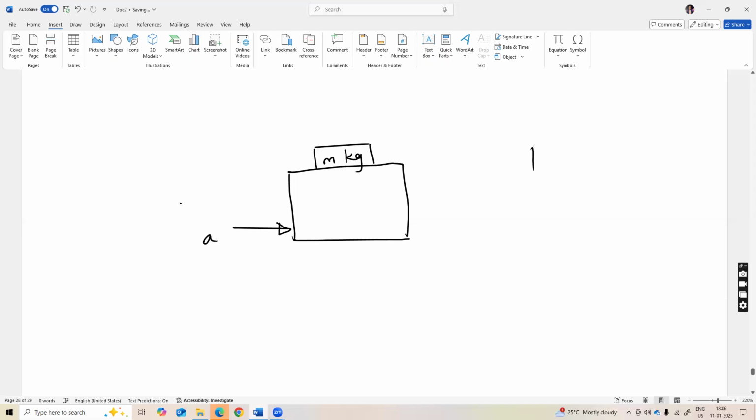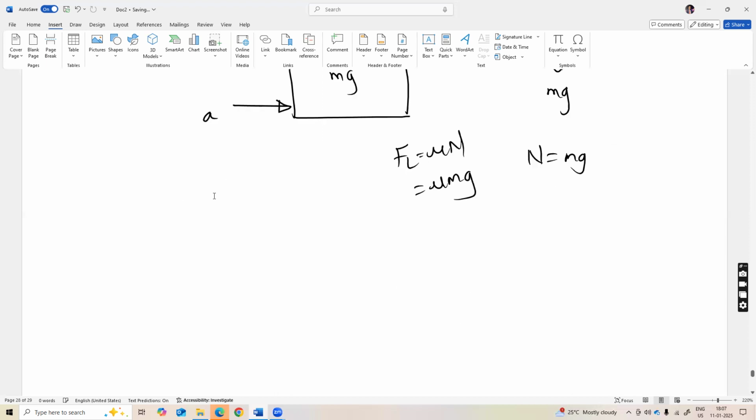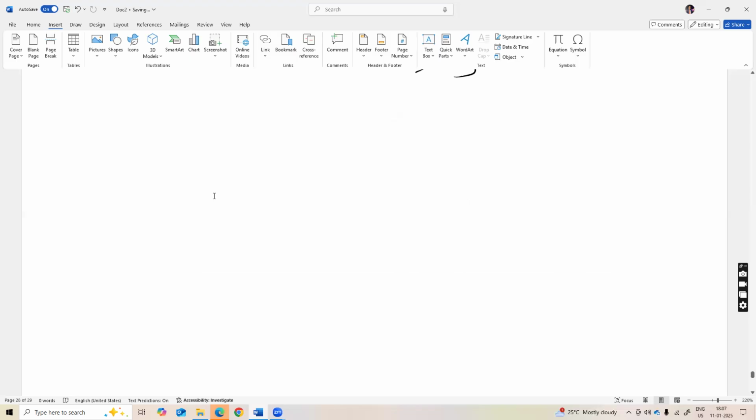If you consider this mass m kg and apply the concept of pseudo force, the force of ma will act in the opposite direction. Normal reaction is only provided by the weight of this object. So if N is the normal reaction, it is equal to mg in this case. Limiting frictional force depends on normal reaction force, so it is of course mu N every time. So it will be equal to mu mg. Got it?